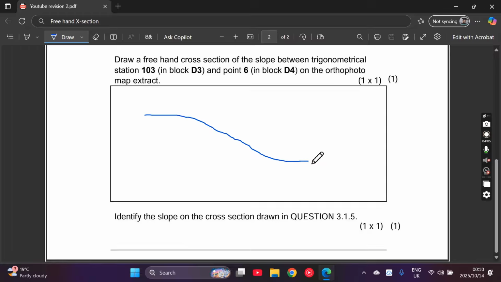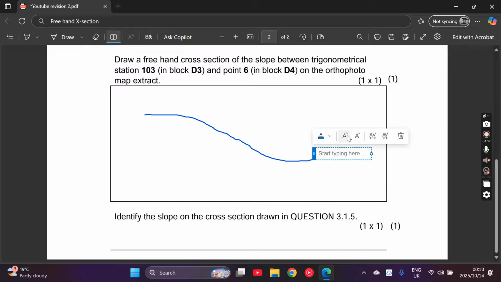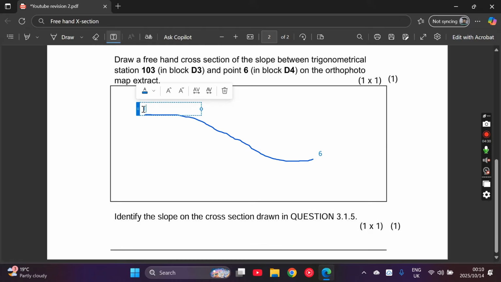So this will be the bottom of the slope. When I label that, remember this is a freehand cross section, this will be my 0.6, which is the bottom of the slope, like that. And then at the top of the slope, I have my 103, like that. So this will be my freehand cross section.